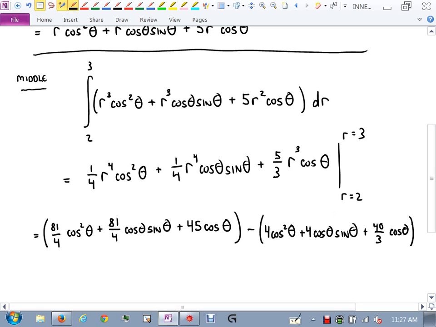Ugh. I have like terms here, don't I? Cosine squared theta, 81/4 cosine squared theta minus 4 cosine squared theta. Is it 4 on top? So 16, 81 minus 16, 45, right? 65, 85, 105. Who cares, right? It's a number. And then we have same thing here.